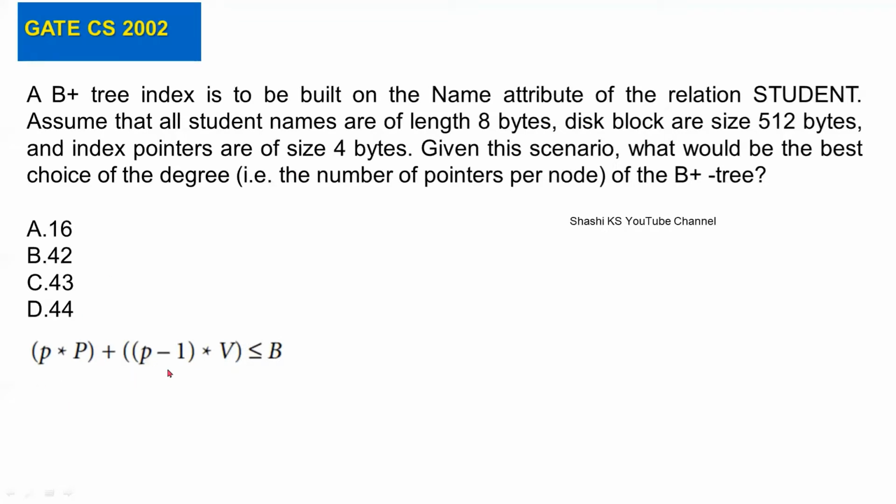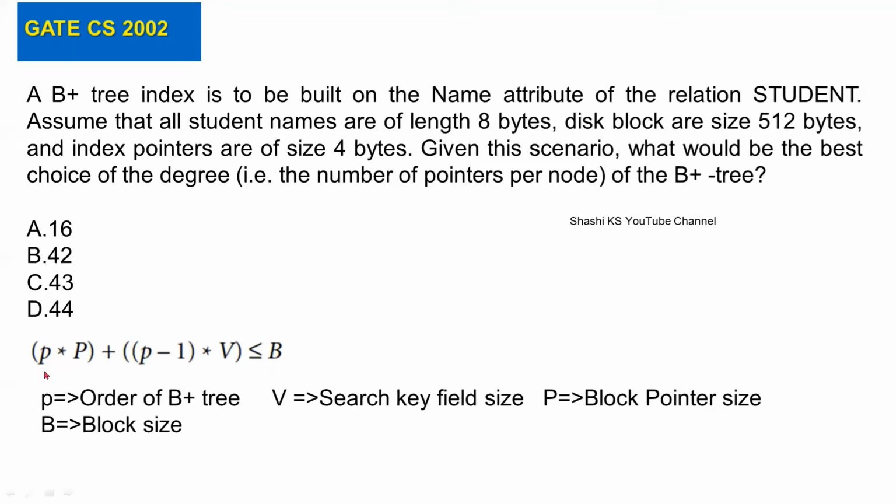P into P plus P minus 1 into V is less than or equal to block size, where small p is your order of the B plus tree. So small p is the order, capital B is the block size, V is the search key field size. The search key field is name field here, and all student names are of length 8 bytes.